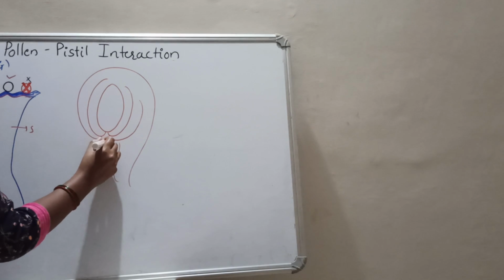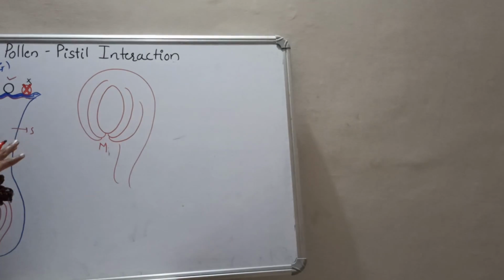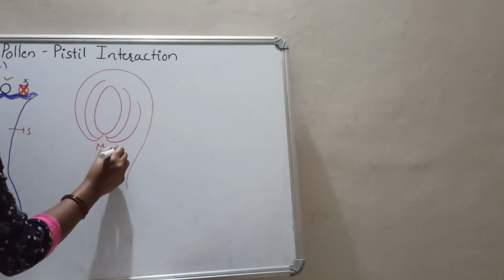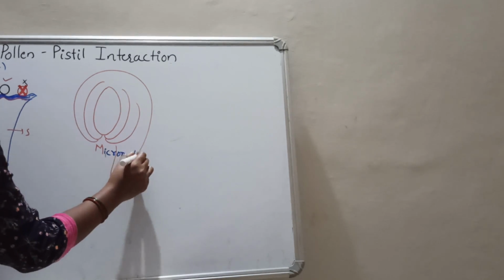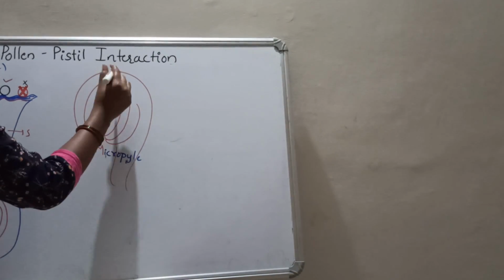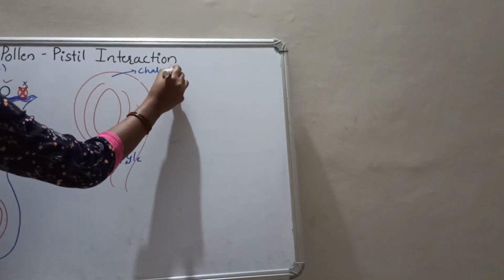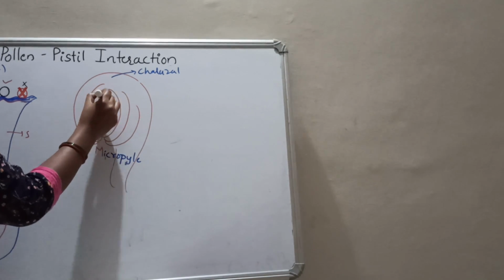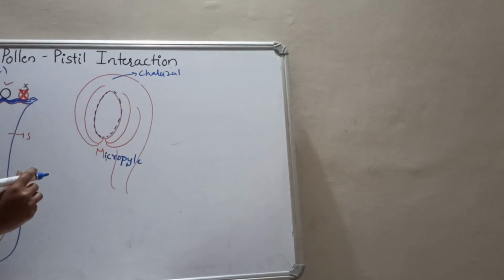That region is called the micropylar region, or micropyle. The opposite region of the micropyle is called the chalazal region, or chalazal end. And here it is the nucellus.